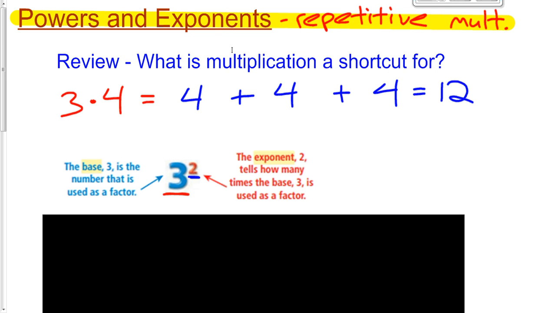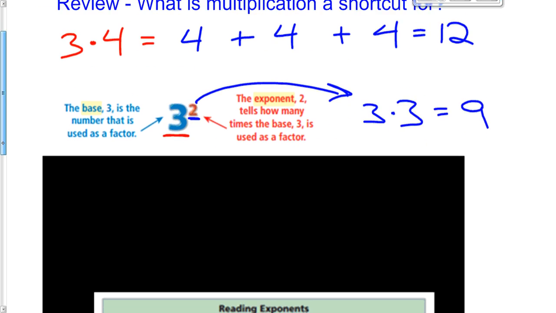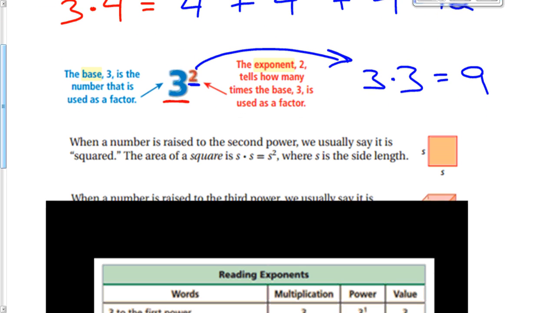So 3 to the second power does not mean 3 times 2. Common misconception. This actually means 3 times 3, which is 9. So the exponent tells you how many factors, or how many times you're going to multiply that number times itself.